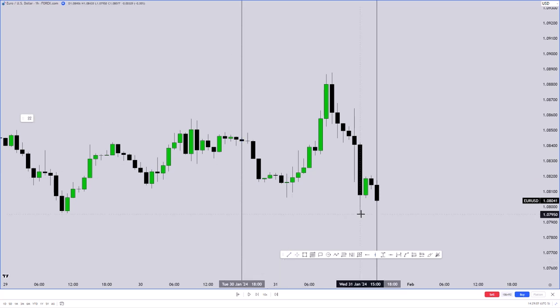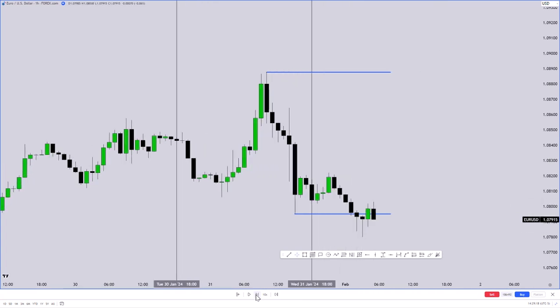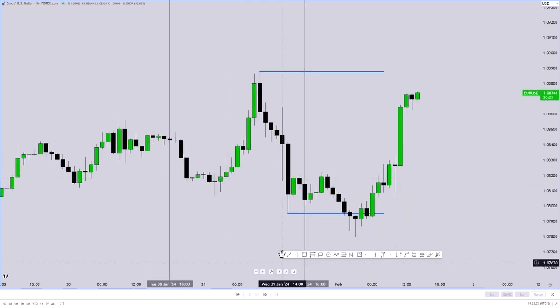Price during London sweeps the low. Can you see that? And it also sweeps the accumulation low. So we have a higher time frame accumulation, manipulation, and distribution.